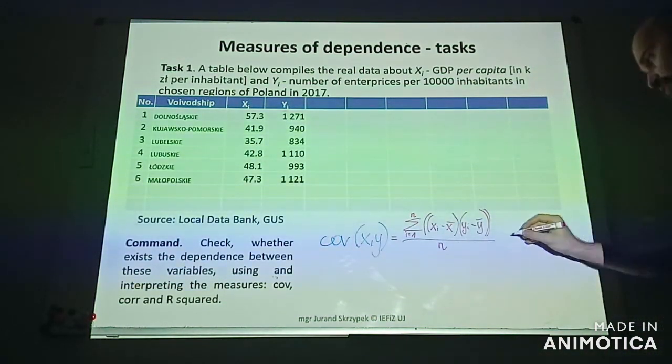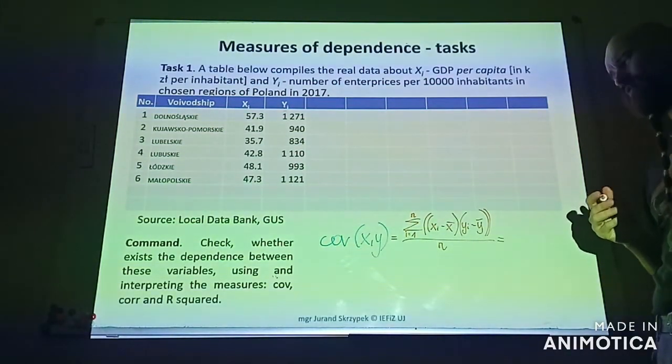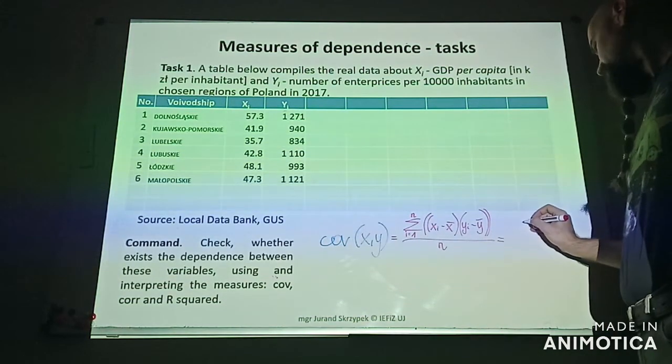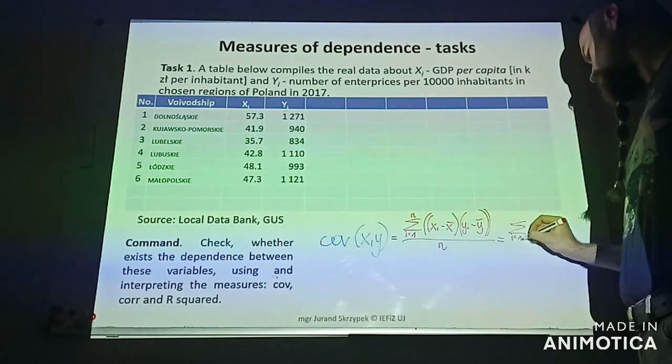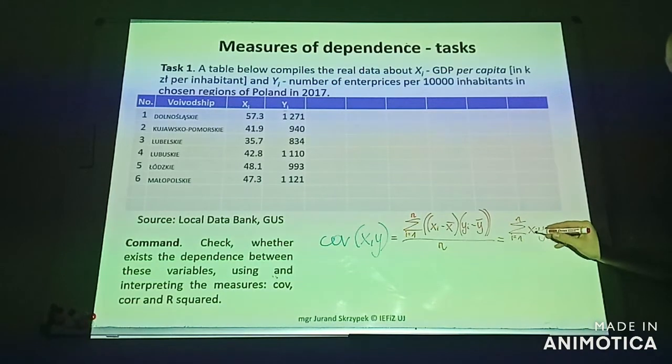Of course, we can also utilize a transformed formula, which is, for me, much more effective. It is the sum from i equal 1 up to n of the product of variable x and variable y values, the average product, minus mean x times mean y.